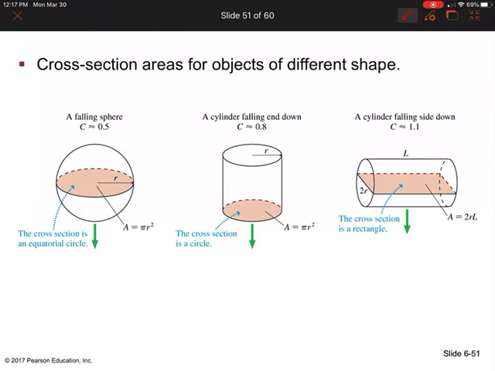If you have a falling sphere, it's going to have a coefficient of 0.5. If you have a cylinder that's falling down, then it's going to have a coefficient of 0.8. A cylinder that is sideways basically, or side down, then it's going to have a coefficient of 1.1.